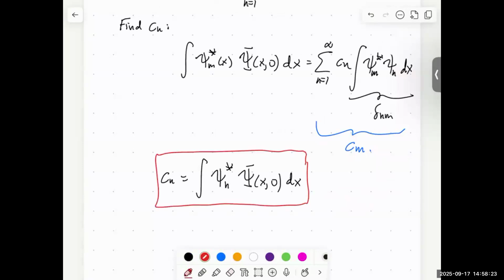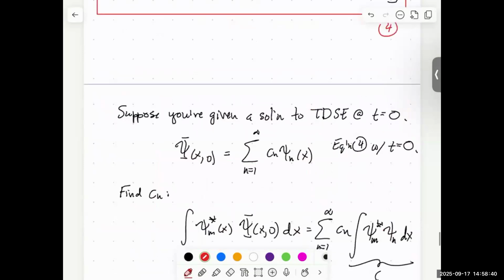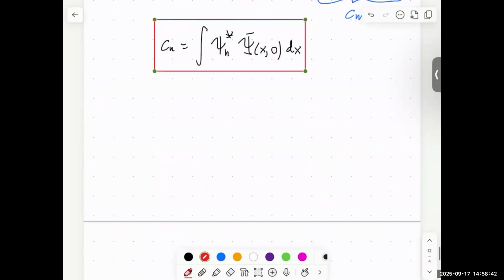So what we can do is, given some initial wave function, we can work out these coefficients, and then substitute them back into equation 4 with the Cn's known, and we already have the time dependence. We could watch the time evolution of our wave function.